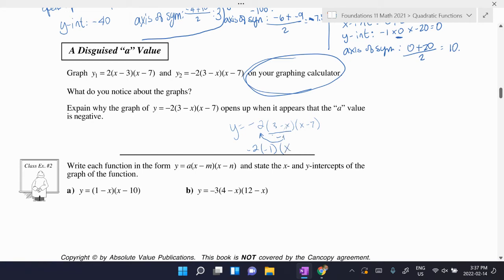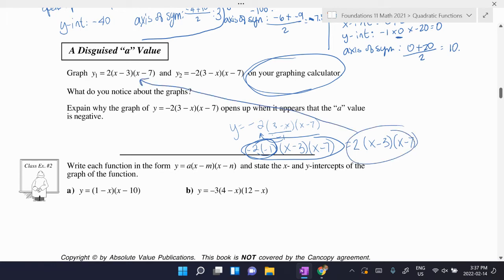And if I divide this by negative 1, it's going to be minus 3, minus 7. Okay? And what you're going to see is, I'm going to change this. Minus 2 times minus 1 is 2 times x minus 3 times x minus 7, which is the same as the original one up here. Okay? So just be careful.